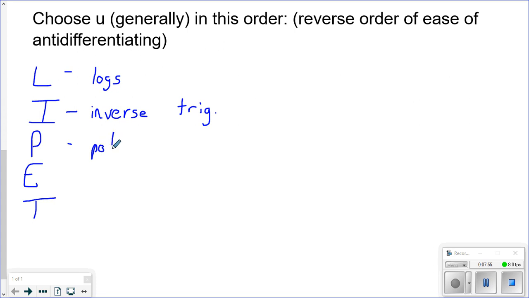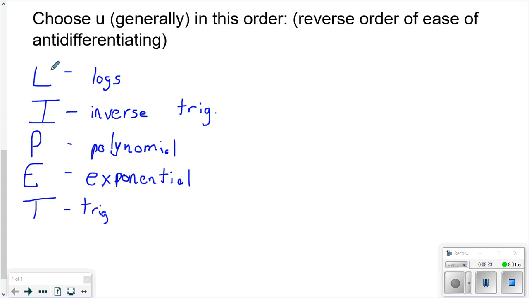Those are relatively easy to anti-differentiate, definitely easier than the other ones. E is exponentials, which are really easy to anti-differentiate, at least if it's e to the x. And something that's very easy to anti-differentiate just because you have to memorize them are trig functions.